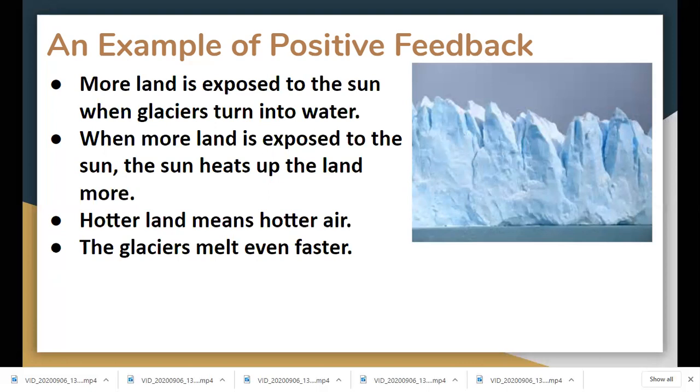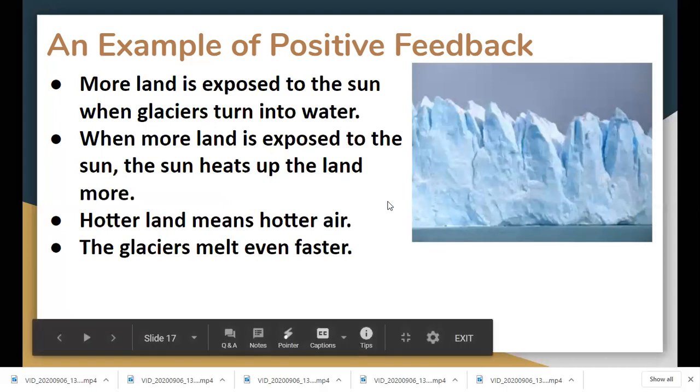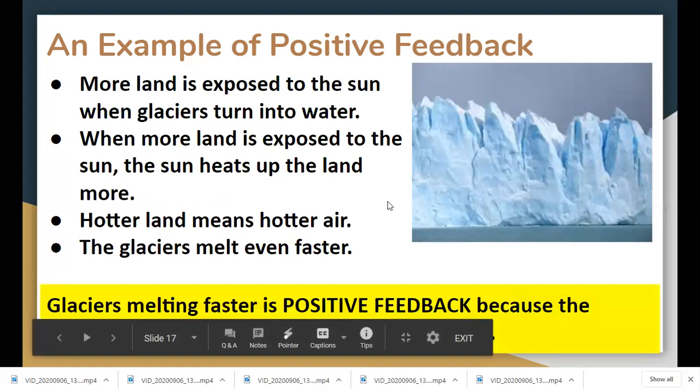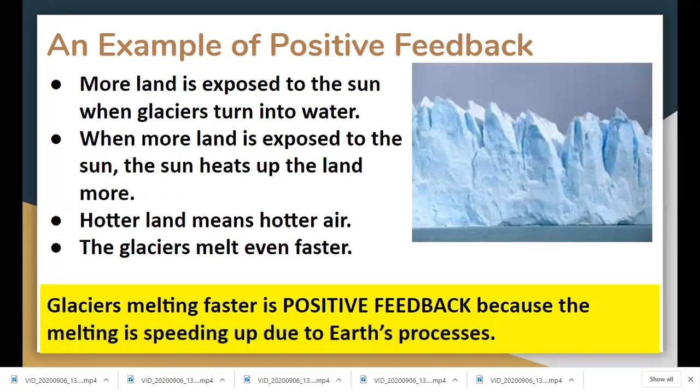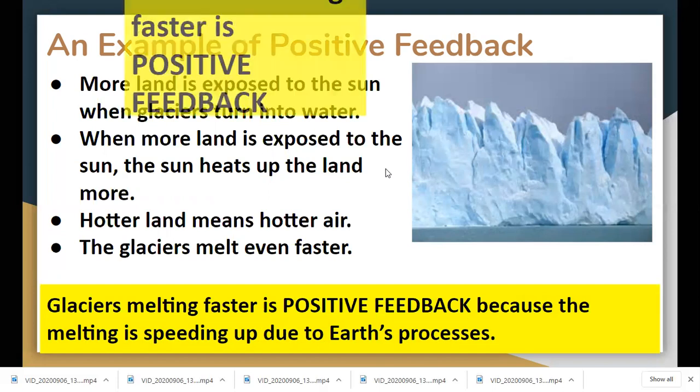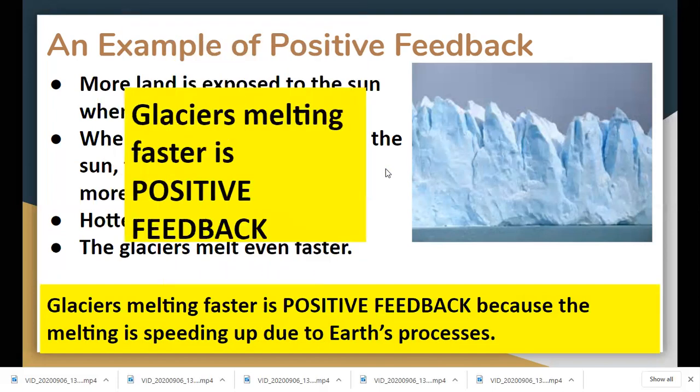Remember, positive feedback is an example of a process speeding up. More melting is going to happen. So glacier melting faster is a positive feedback because the melting is speeding up due to Earth's processes. Remember that glacier melting faster is positive feedback.